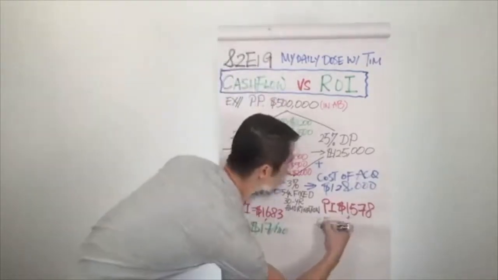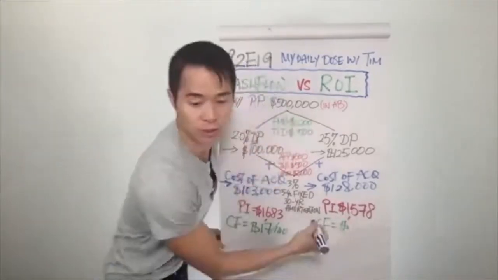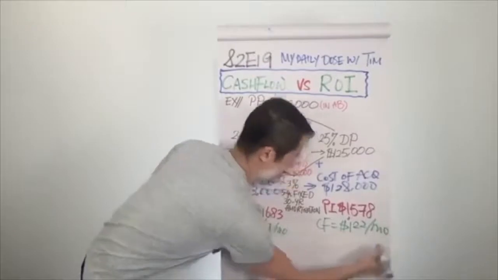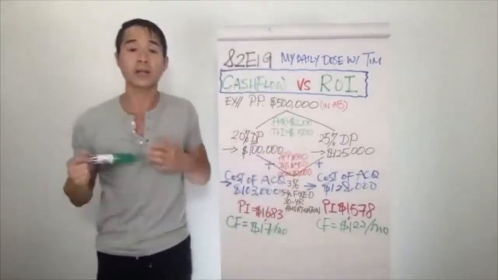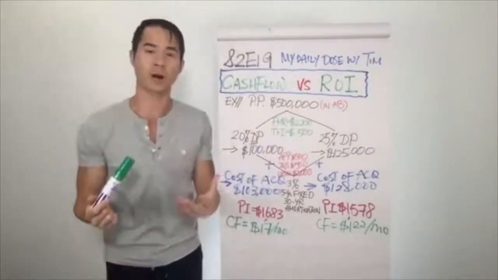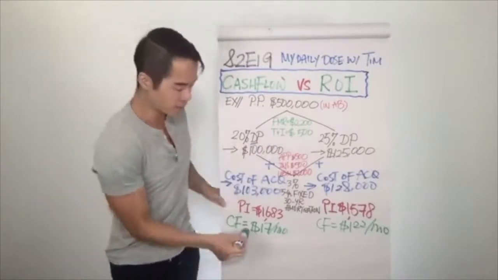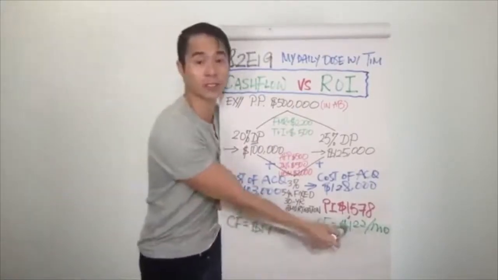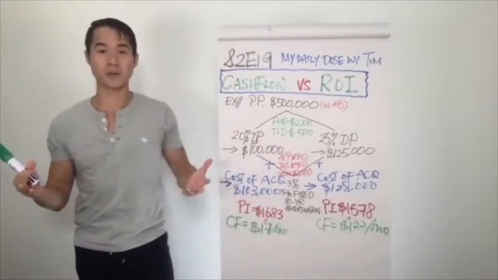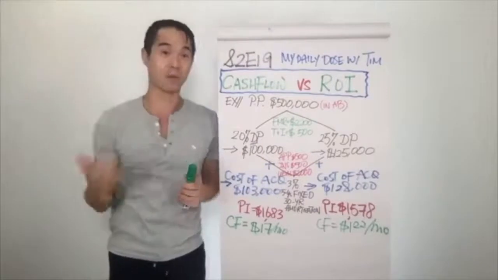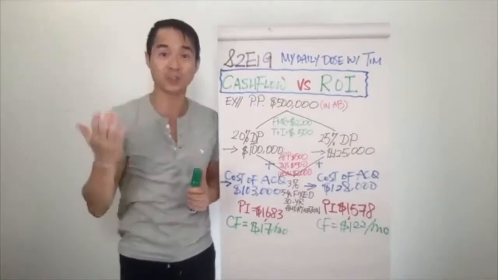So now we have $122 per month. So on paper, right off the bat, if I were to present you with an opportunity that's going to give you a monthly income stream of $17 versus $122, which one do you think most people would want? Well, they would want 122, right? The more the better, because that is your profit.